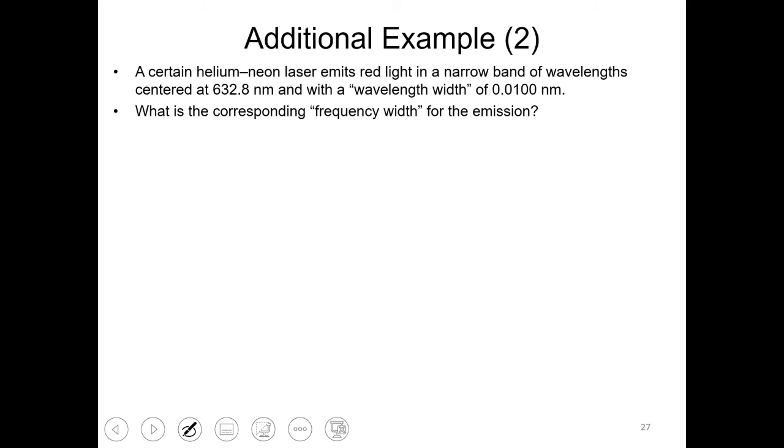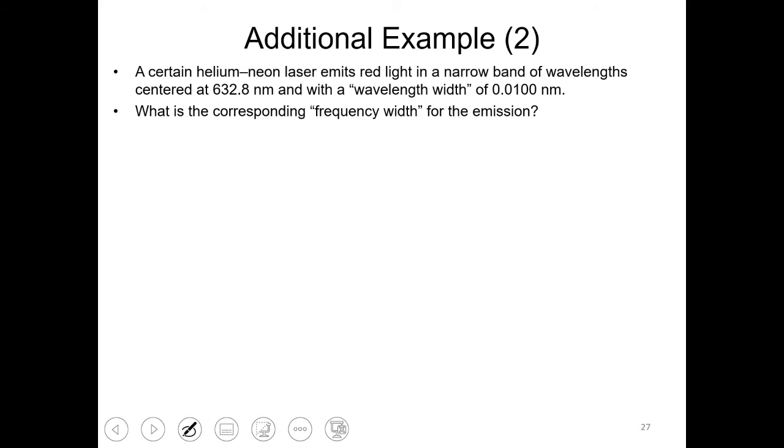So in that case, if you draw it in the lambda domain, it should be something like this, maybe lambda zero. This is actually the wavelength.